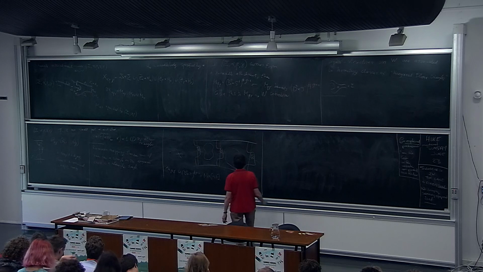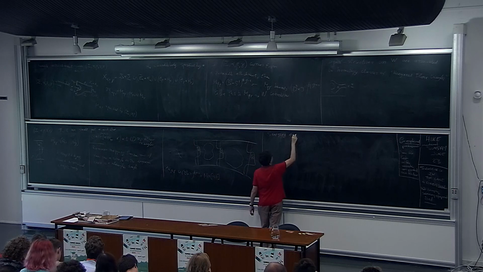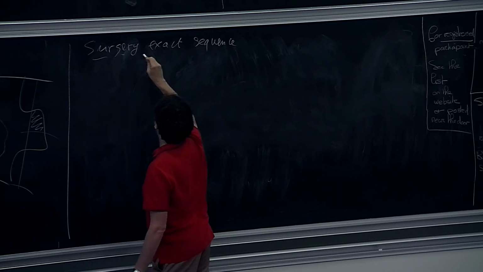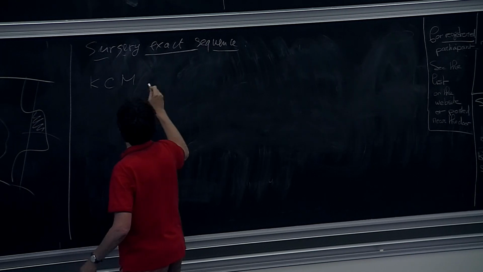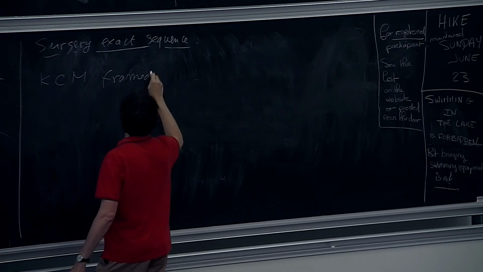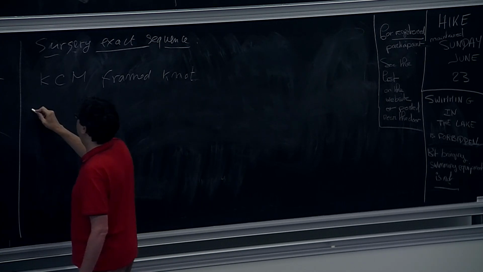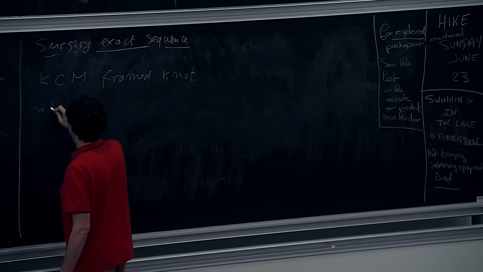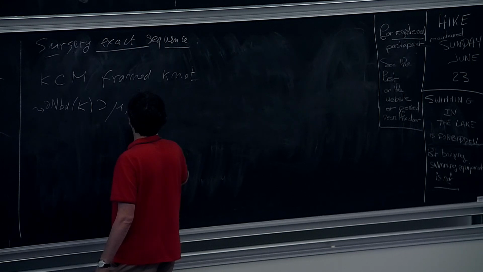Now the last thing I'm going to talk about is the surgery exact sequence. So let's say we have K in M a framed knot. The framing produces, in the boundary of a neighborhood of K, two curves, a meridian and the longitude.